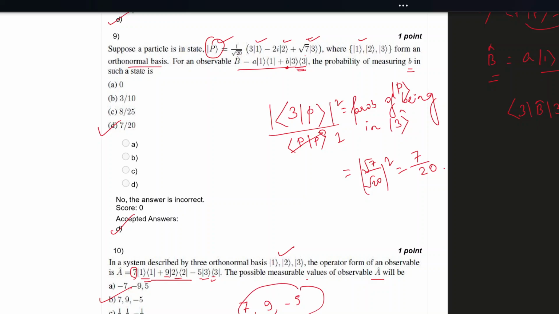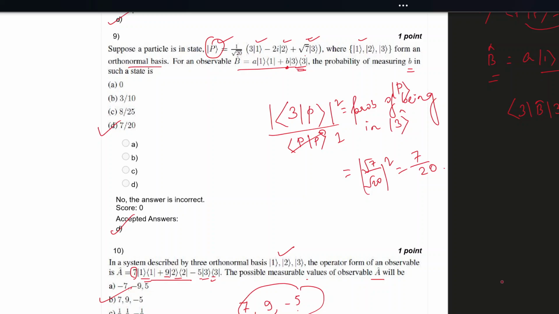So if the state is probably at 1, you will get the observable measured as 7. If it is at 2, then you will get the observable measured as 9, and if it is at 3, then your observable value will be measured as minus 5. So that is the correct answer that you have to give. It is based on the expectation value of the observable, because that gives you the physically measurable quantity.